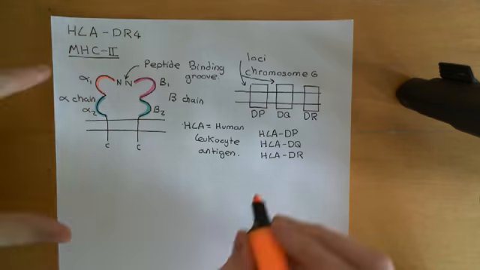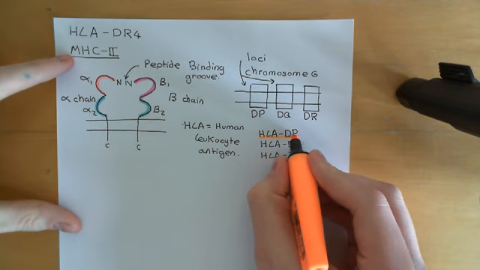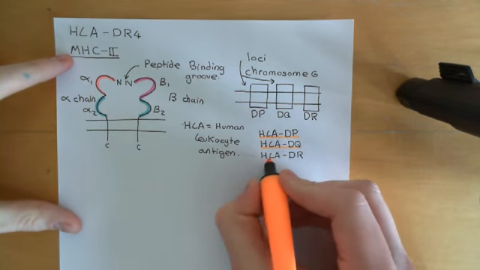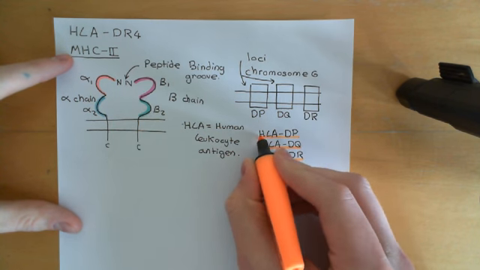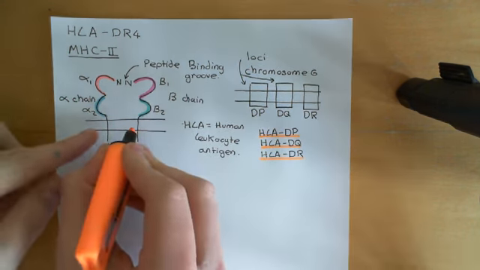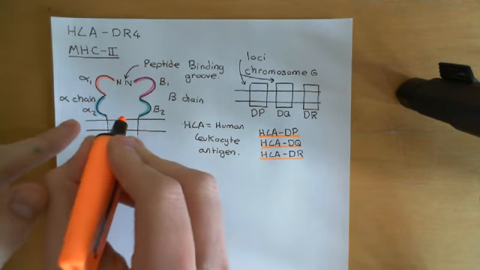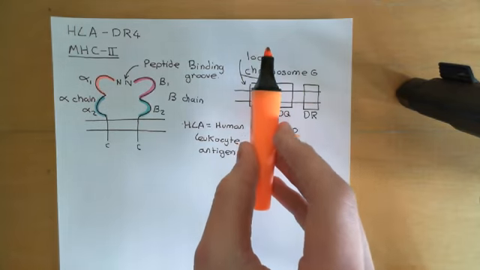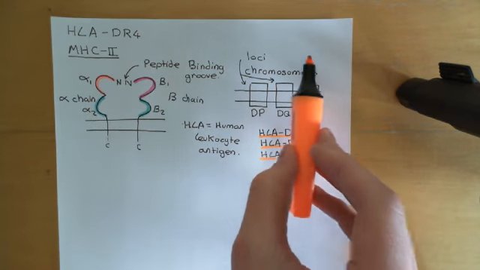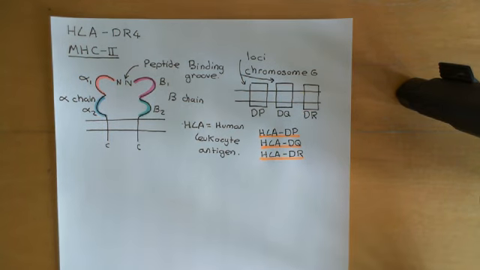Right, so that's what we mean when we say HLA-DP, HLA-DQ, HLA-DR. These are 3 different types of MHC class 2 molecules. They all have this basic structure, okay, but the proteins will be different depending on whether you've used genes from one of these 3 loci, basically. Okay, so that's what is meant by HLA-DP, HLA-DQ, HLA-DR.